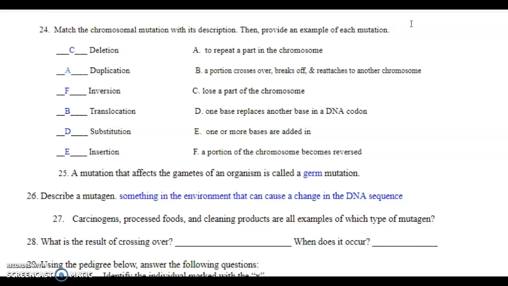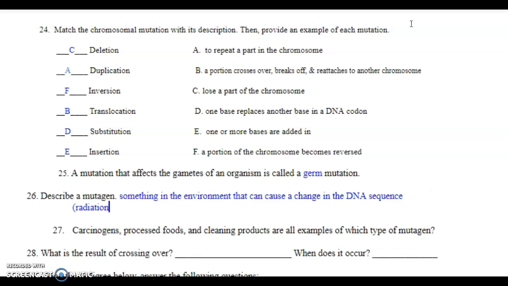And we talked about that may be radiation such as UV rays from the sun or X-rays. It can be a chemical mutagen, such as pesticides.